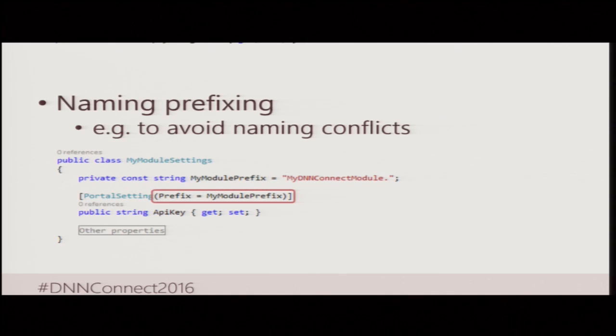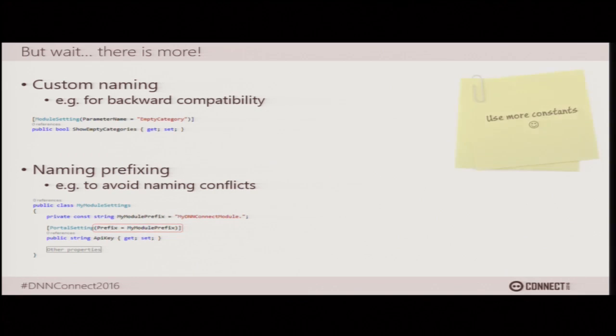So using a prefix, you can actually prevent such clashes. And I would highly recommend that if you ever use portal settings, use a prefix. And obviously a better prefix than this one. It should be more for your own module. By the way, as you see, I like to use constants. Sometimes I take the time to promote more usage of constants.